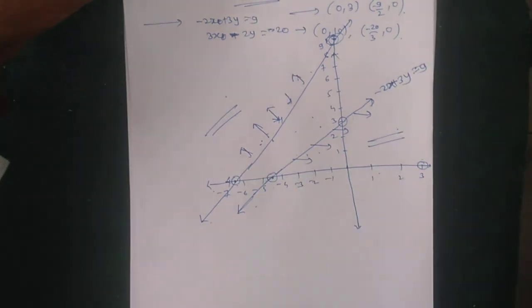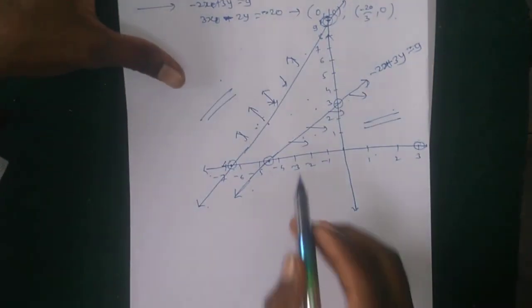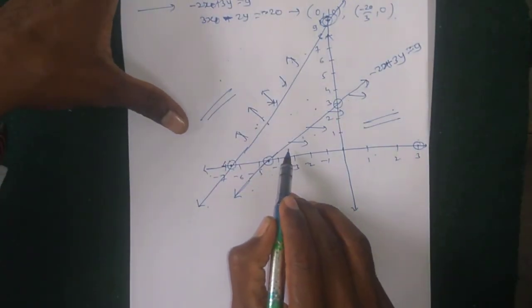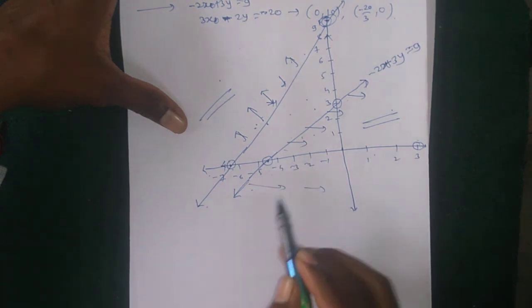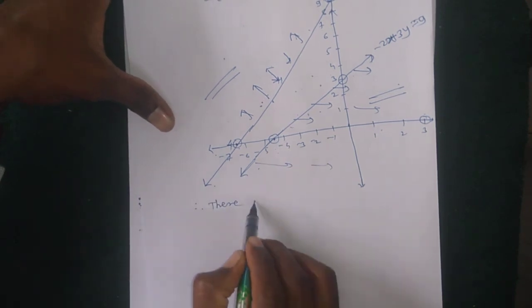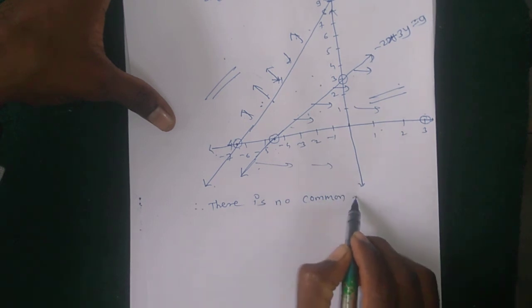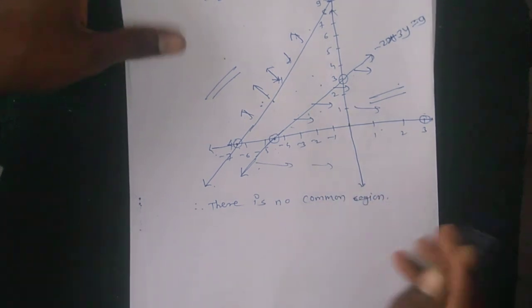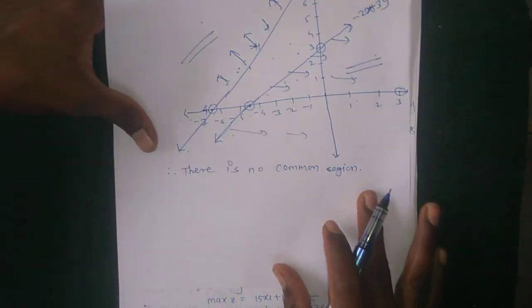Okay, in this example this constraint is taken as greater than or equal. Greater than or equal means all values of constraints are satisfied in this way. Therefore there is no common region that satisfies all constraints simultaneously.